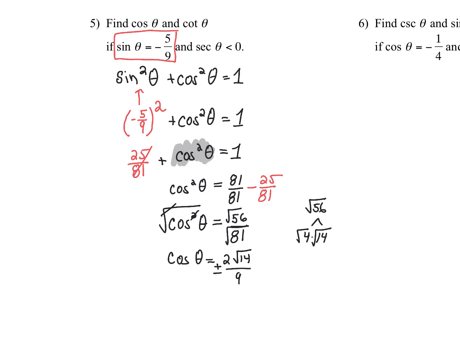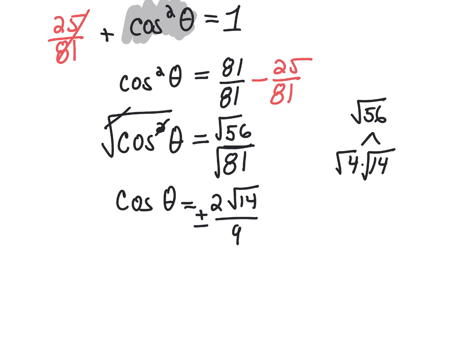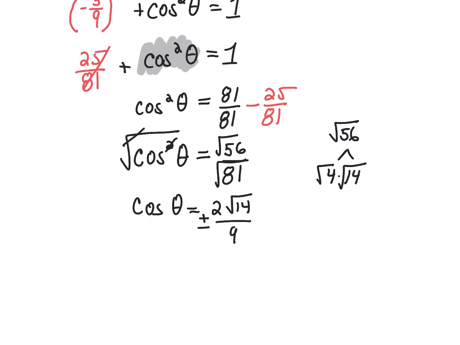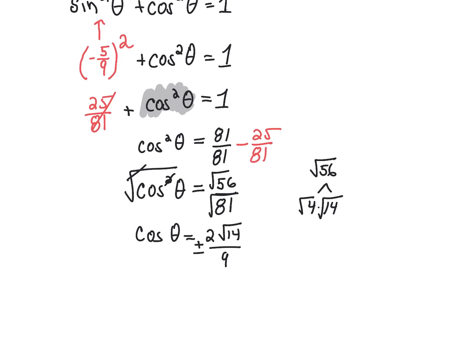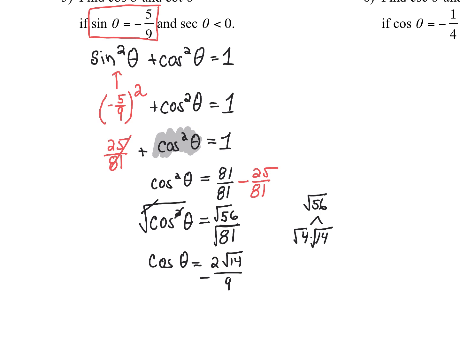So the last step in the 3-step process is to decide, is the answer positive or negative? And since secant is, again, negative, I would go ahead and assume that cosine is also negative. So the answer for cosine is -2 root 14 over 9. So that's the first answer.